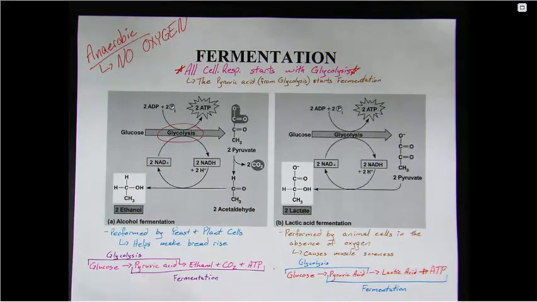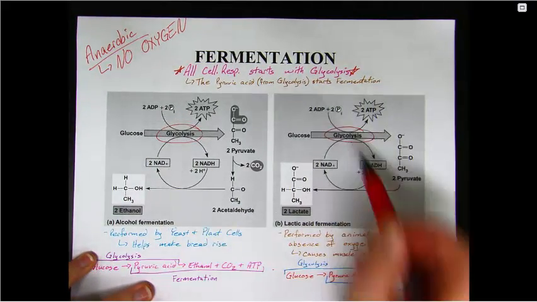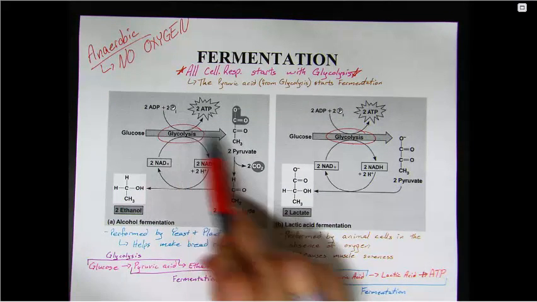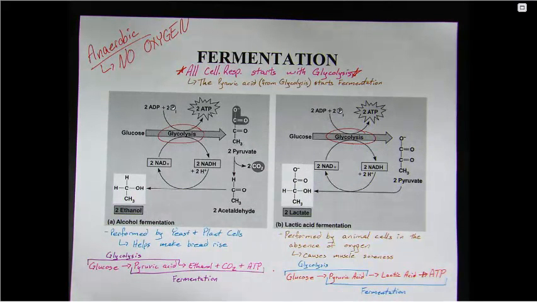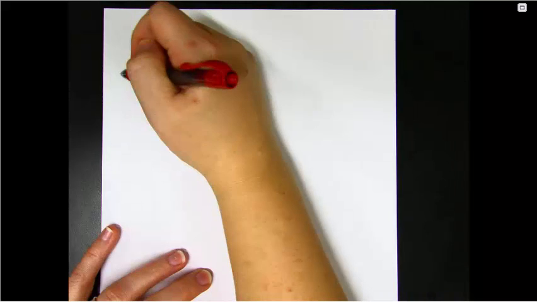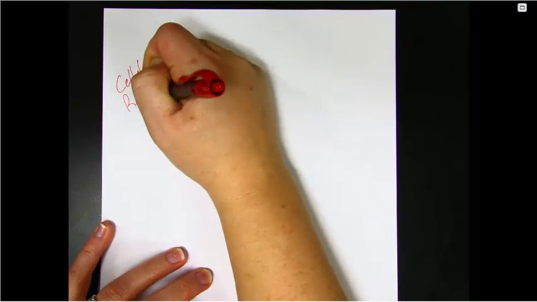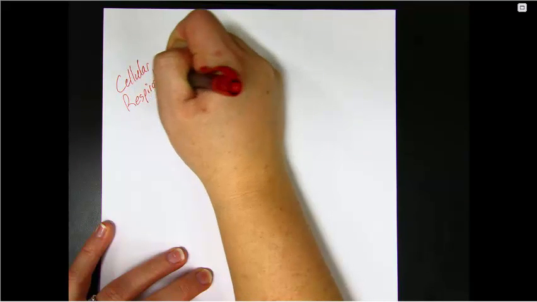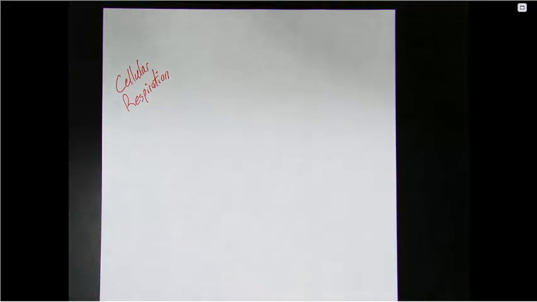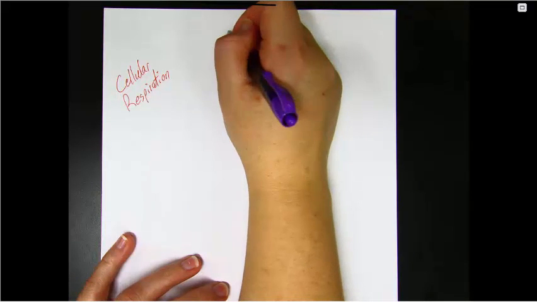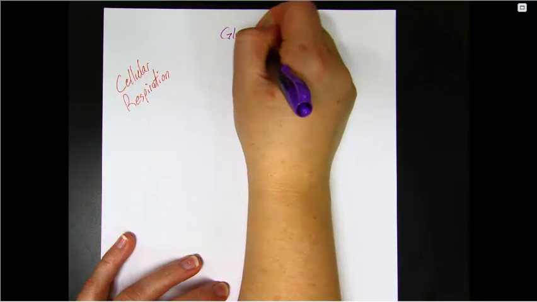So again, you will notice that glycolysis is the first step in both alcoholic and lactic acid fermentation. However, they each produce slightly different byproducts along with ATP. So in summary, let's look at cellular respiration as a whole. No matter what the process is, we always start with glucose.